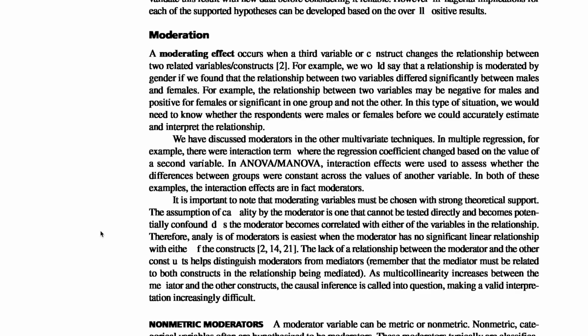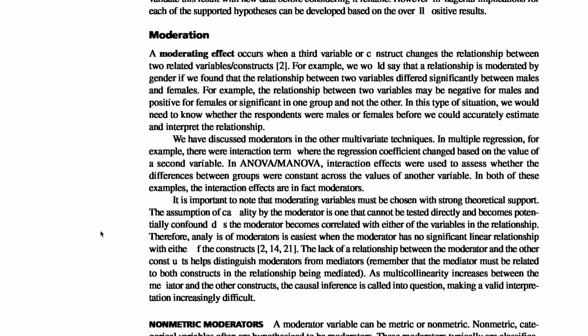In multiple regression, for example, there were interaction terms where the regression coefficient changed based on the value of a second variable. In ANOVA and MANOVA, interaction effects were used to assess whether the differences between the groups were constant across the values of another variable. In both of these examples, the interaction effects are in fact moderators.